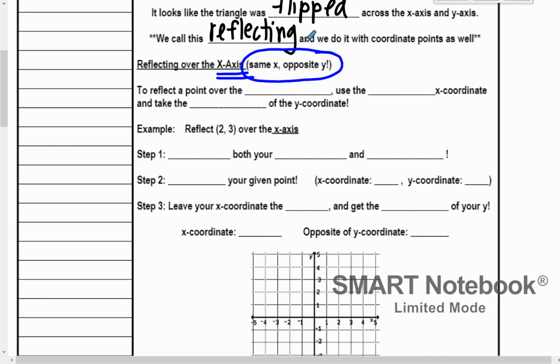All right, that's great and dandy, but let's expand on that a little bit. To reflect a point over the x-axis, let's just restate this: we use the same x-coordinate and take the opposite of the y-coordinate.